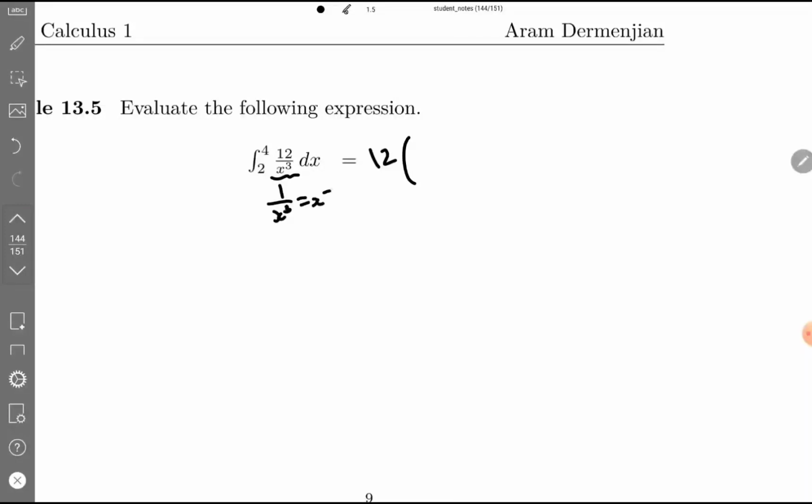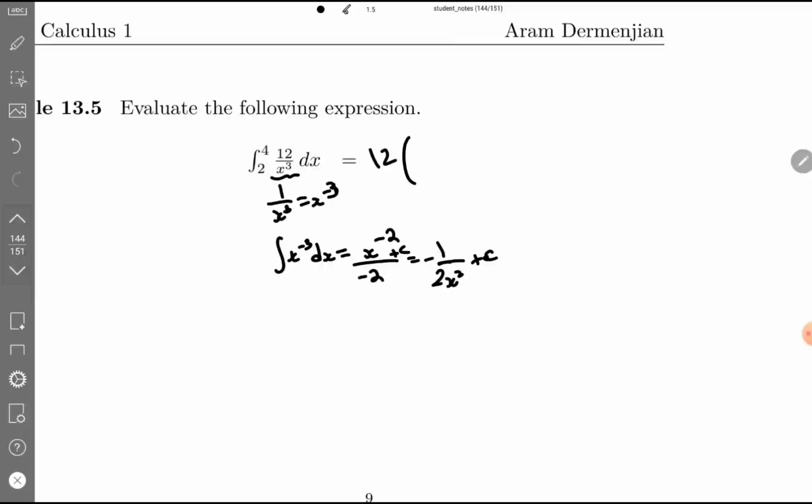This is just equal to x to the minus 3. So the antiderivative, this is just x to the minus 2 divided by minus 2. So this is just minus 1 over 2x squared plus c. Look, even I'm a failure. Remember this plus c.